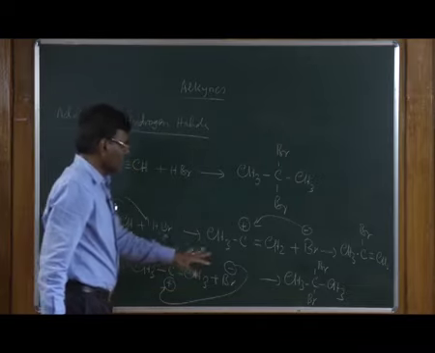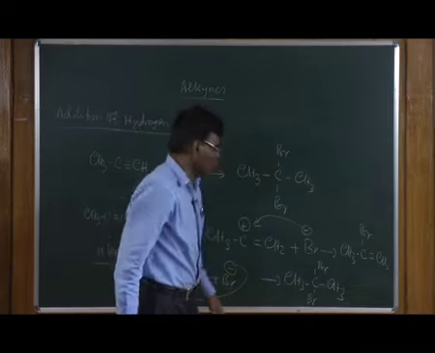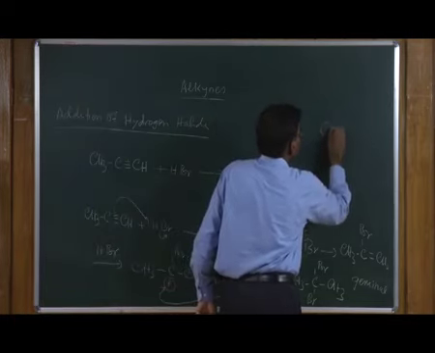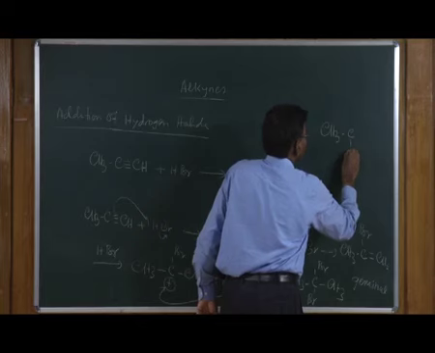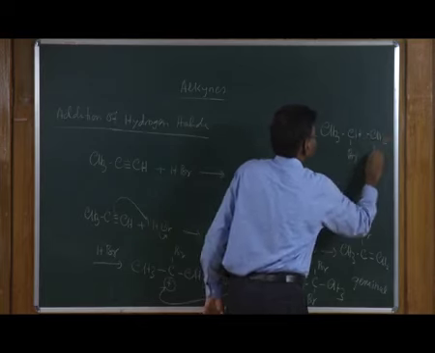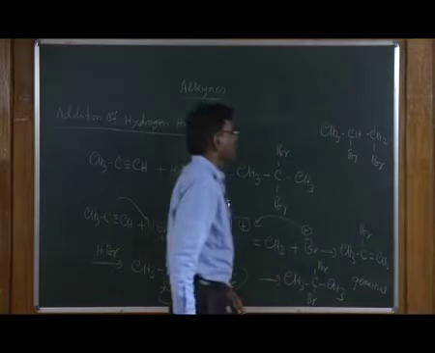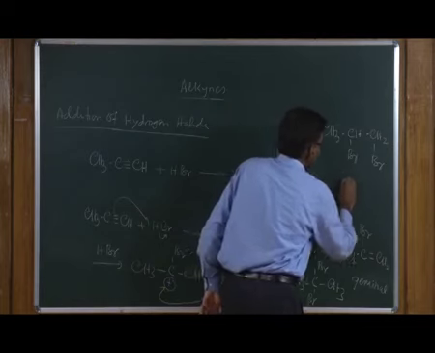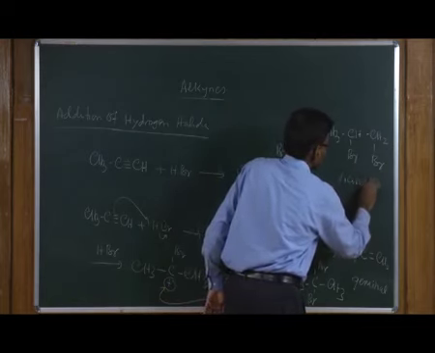If you look at this, this is called a geminal dibromide, and if you have it on adjacent carbon atoms, this is called a vicinal dibromide.